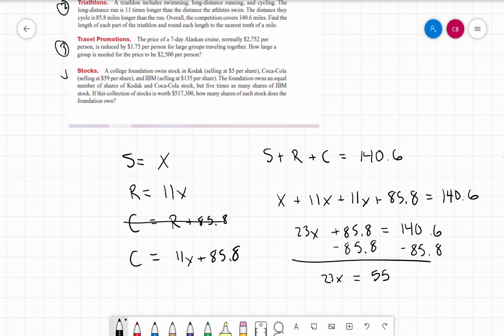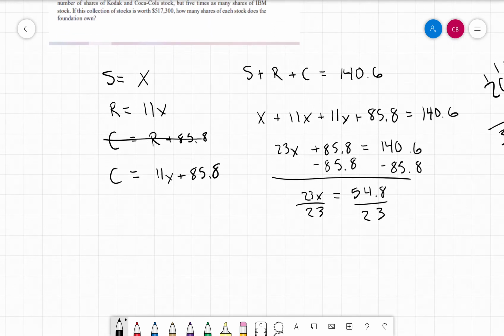Oh, no, that's not right. Sorry, I put 0.6. It should be 0.8. 54.8, sorry. Divided by 23. Oh, that's not cute, but it could be right. So x is equal to 2.4 miles. We'll just round it.